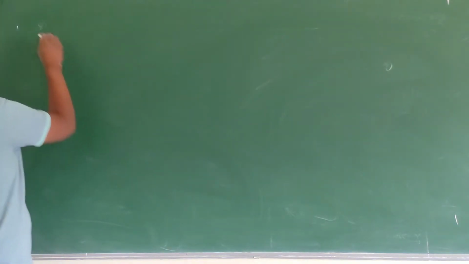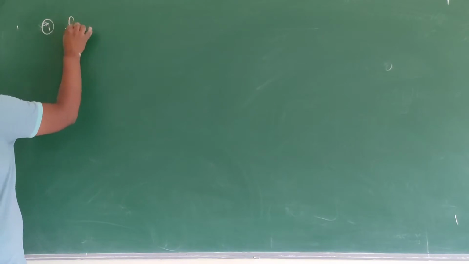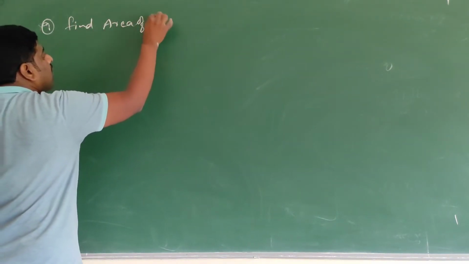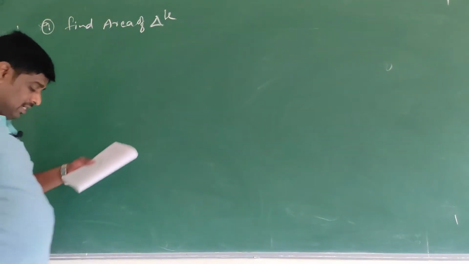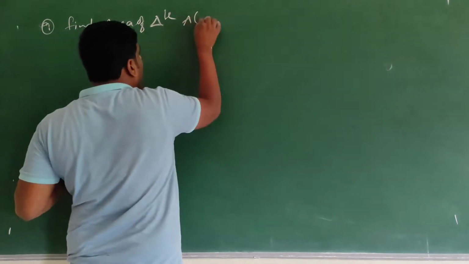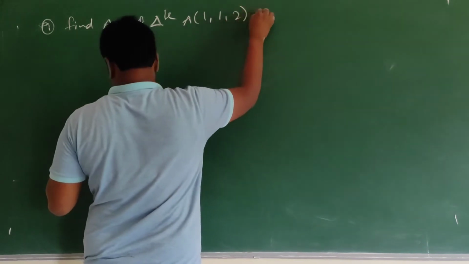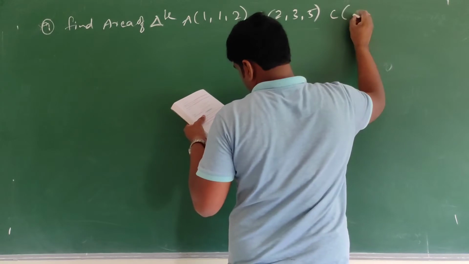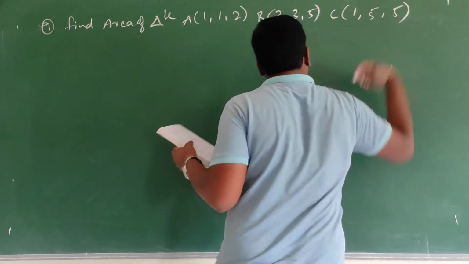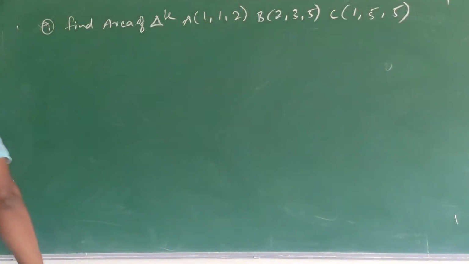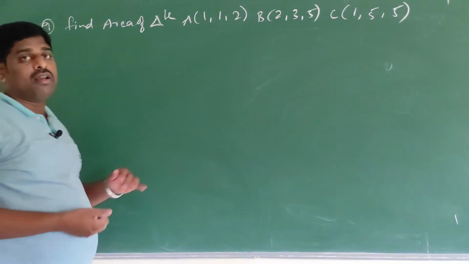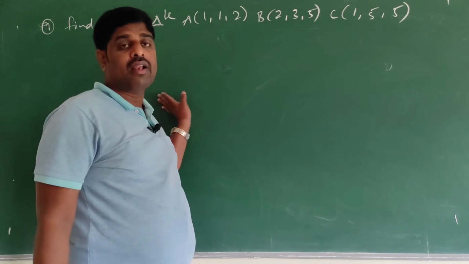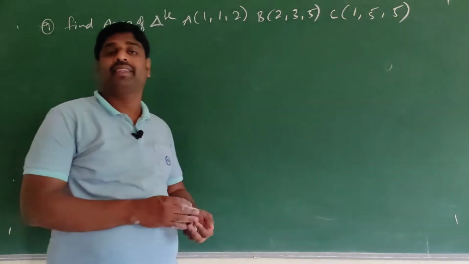Problem number 9: find the area of a triangle with A(1, 1, 2), B(2, 3, 5), C(1, 5, 5). Here the vertices are given, and we have to find the area of the triangle using the vector method.